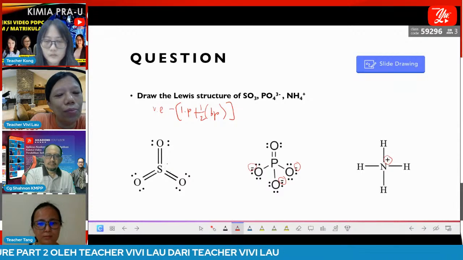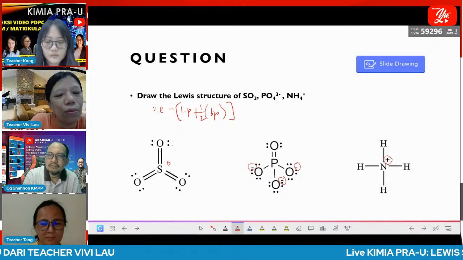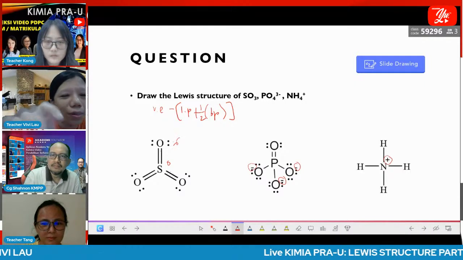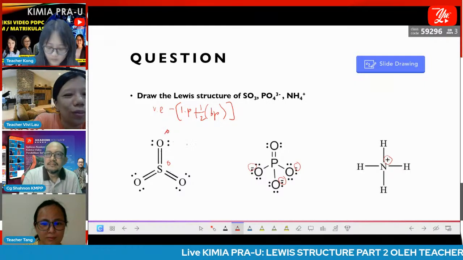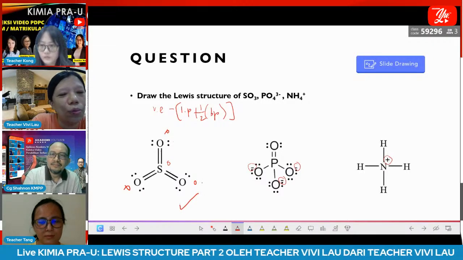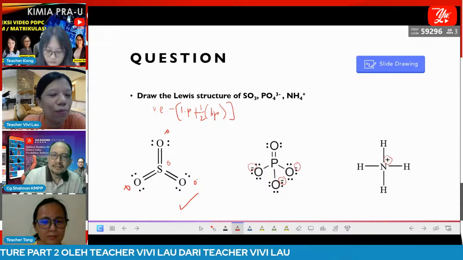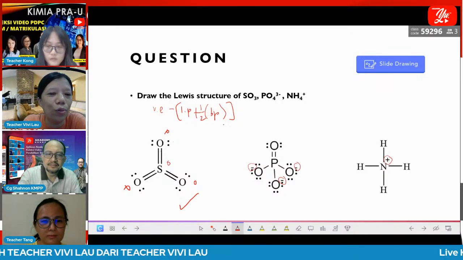So 6 minus 6 is 0 for the sulfur. So 2, 4, 2, 6. So 0, also formal charge 0. So 0, 0, 0. So this is the most possible Lewis structure because the total is 0, equal to the neutral molecule.